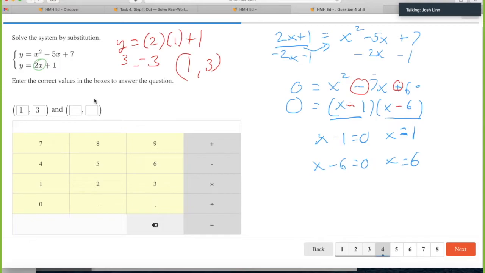So now we're going to have y equals 2 times 6 plus 1, which equals 12 plus 1, which equals 13. So then my second point is going to be 6, 13. And checking the answer, 6, 13.